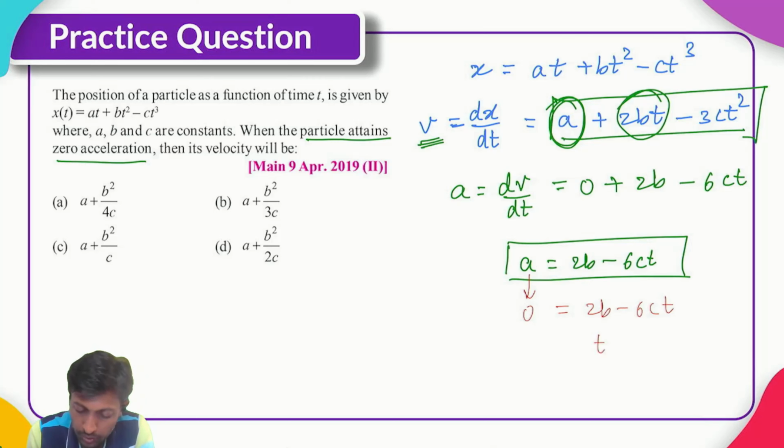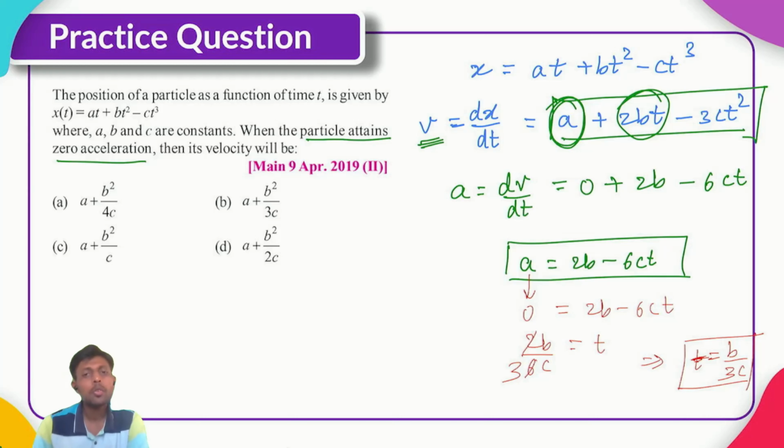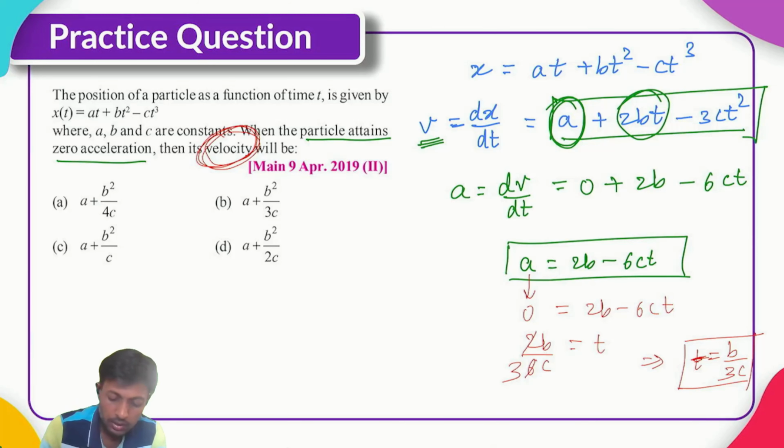So the value of time that you get is 2b by 6c, which is b by 3c. So at this time, the acceleration is 0. Fine. So at this time, we have to find out the velocity of the particle. Clear? Let's move on and try to find out the velocity now.